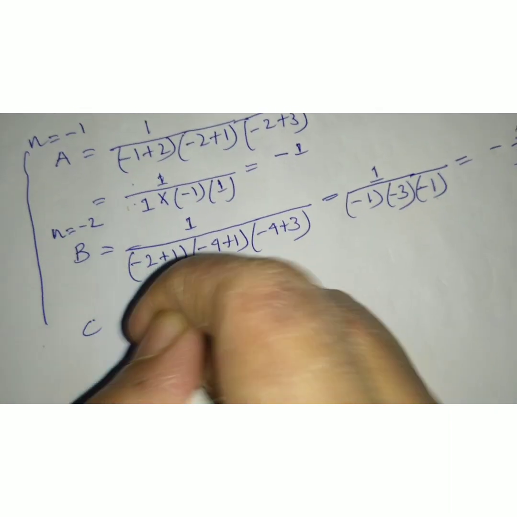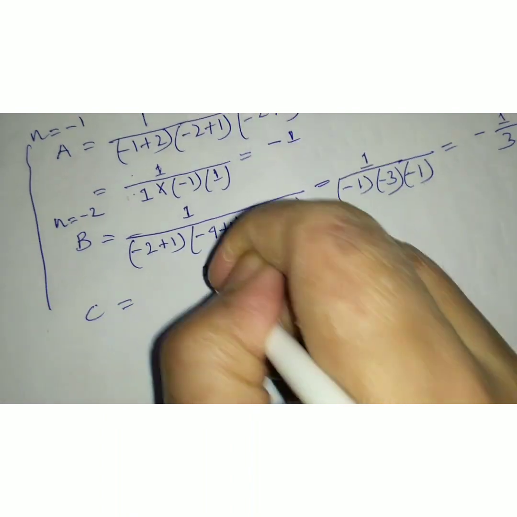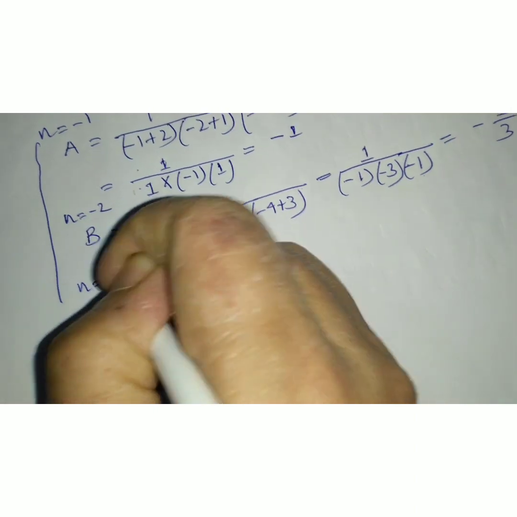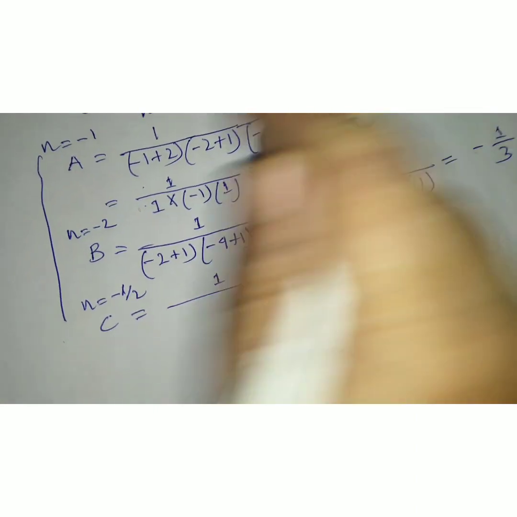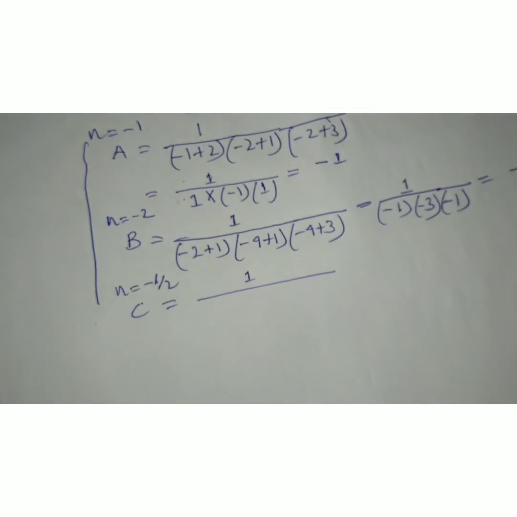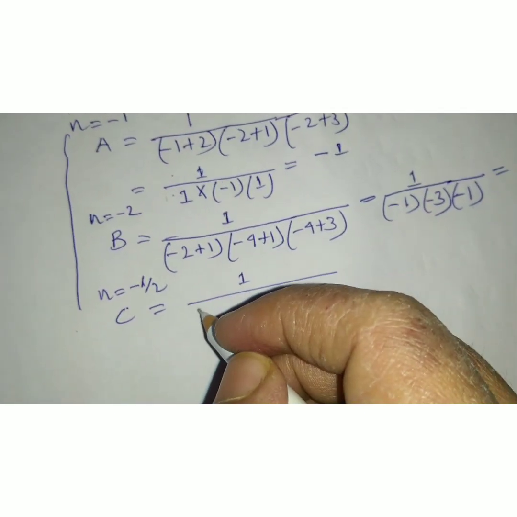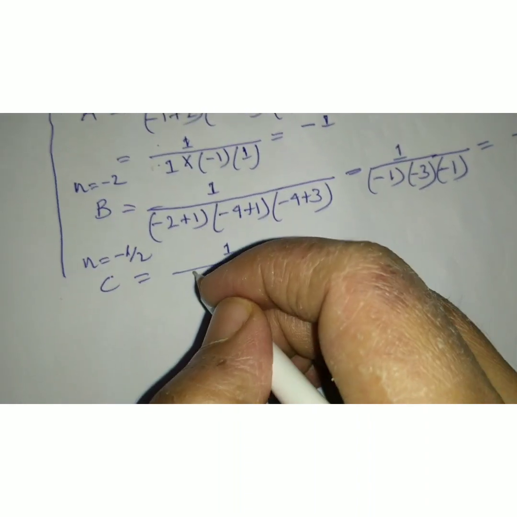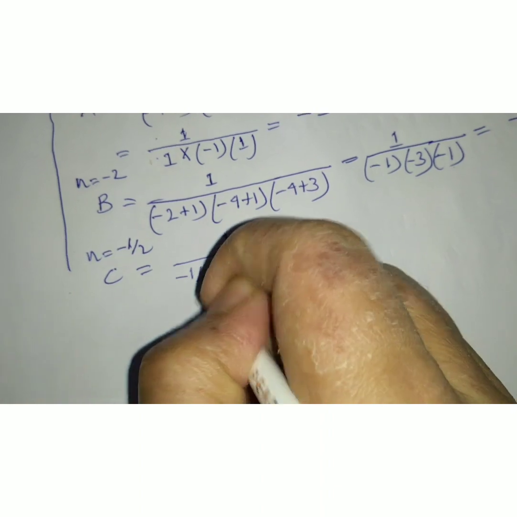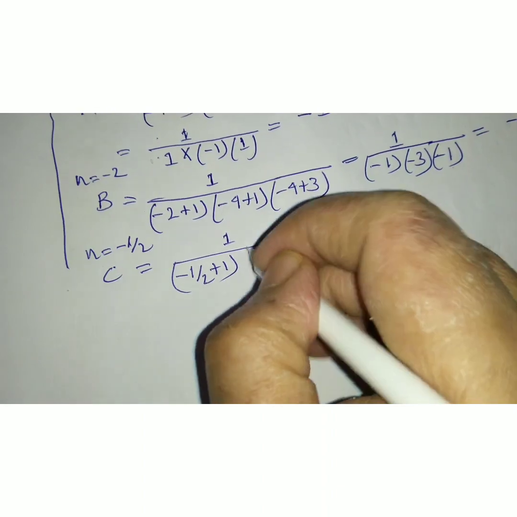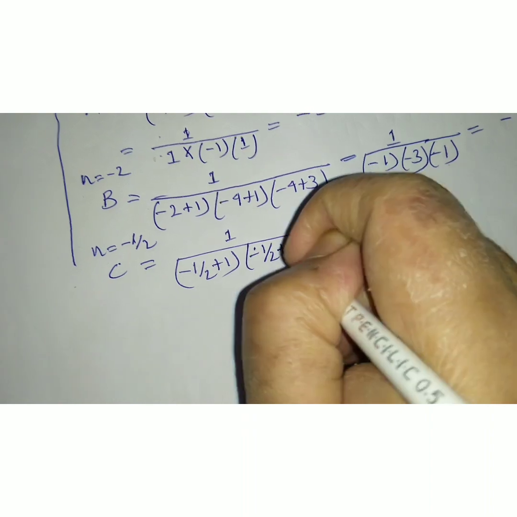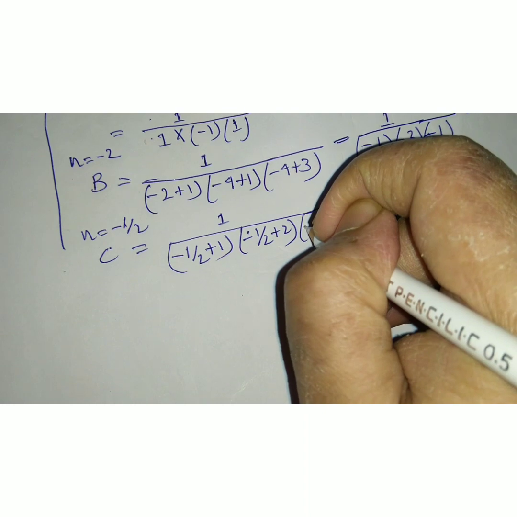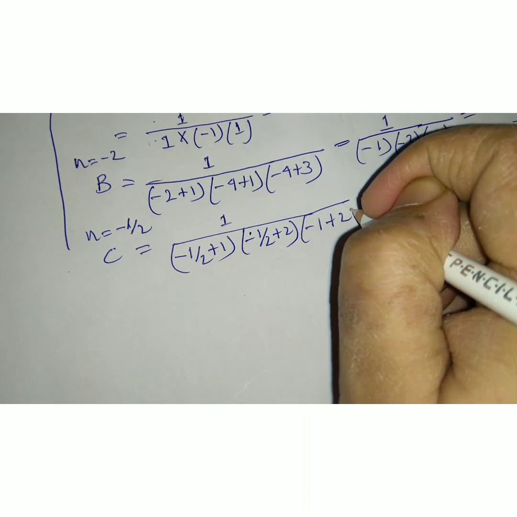Again I have to find c. For c, n is equal to minus half. Putting this value, c is equal to 1 divided by: minus half plus 1, minus half plus 2, minus 1 plus 3.